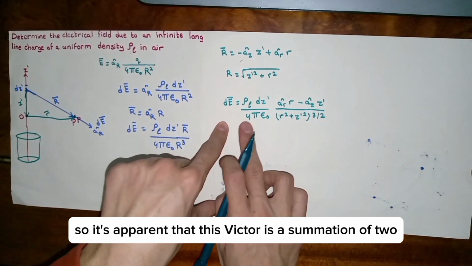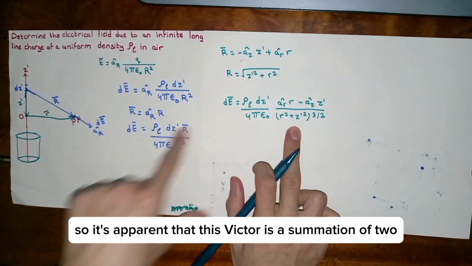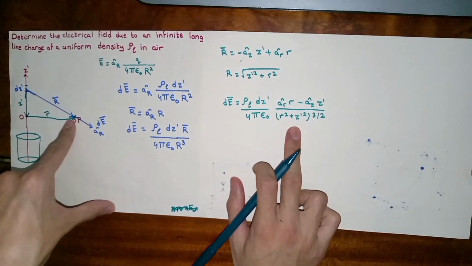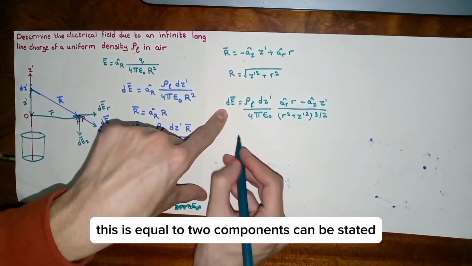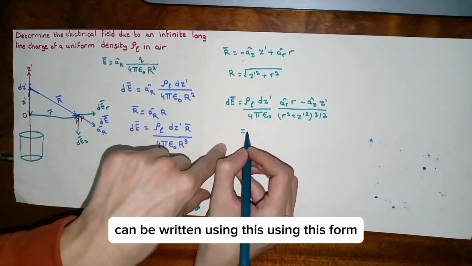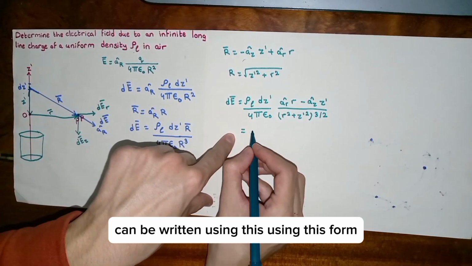It's apparent that this vector is a summation of two components, so this is equal to two components, which can be written using this form.